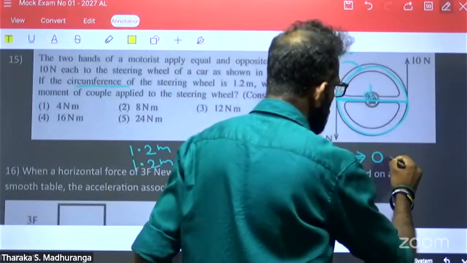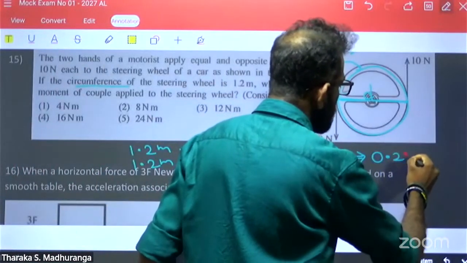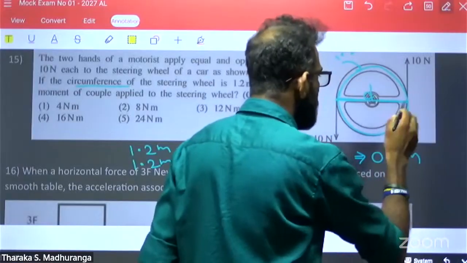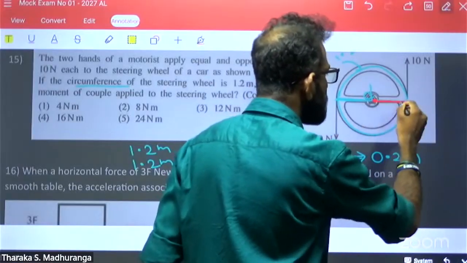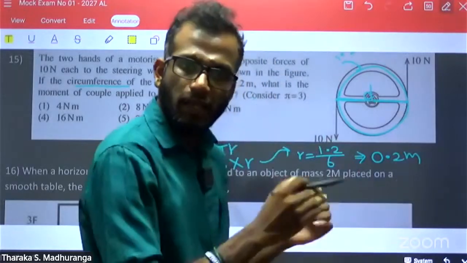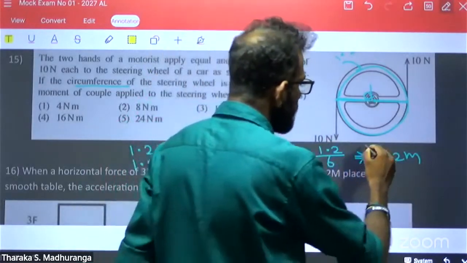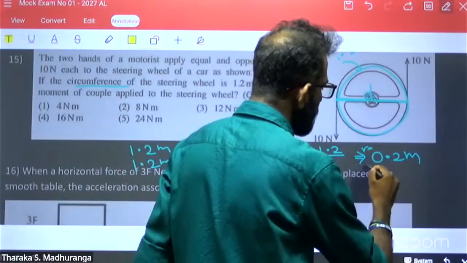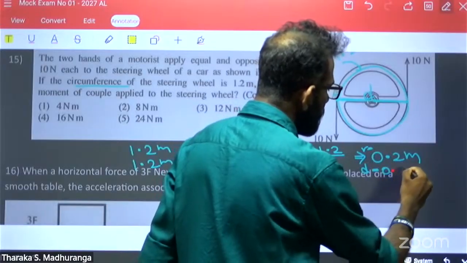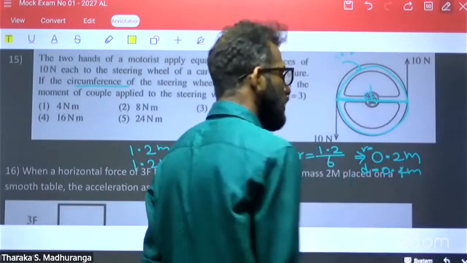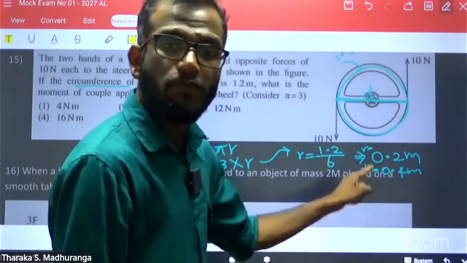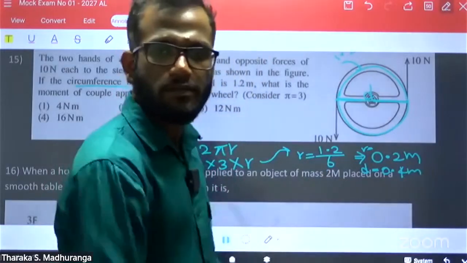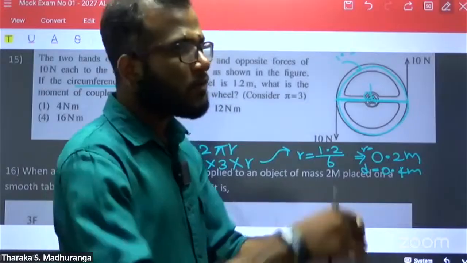The value is 0.2 meter. It's the radius, but keep in mind this radius is one side length, but the diameter is twice that. Radius 0.2, D equals 0.4, not millimeter but meter, 0.4 meter, that means 40 centimeter.